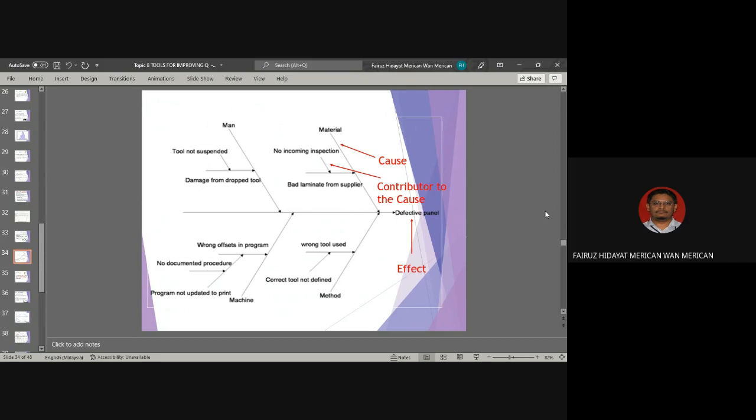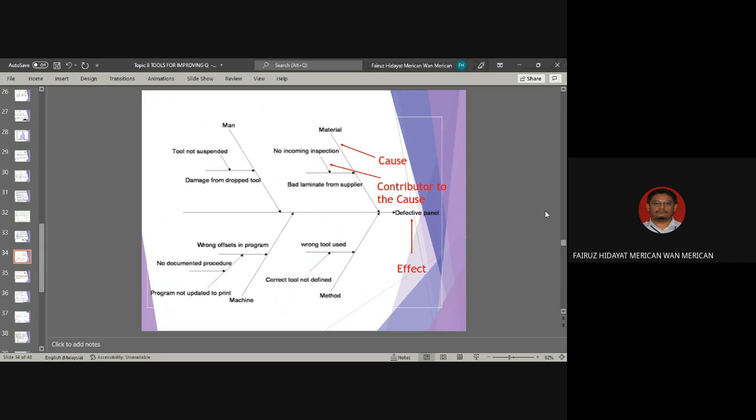So you have, in this case, 4 main causes: man, machine, material, and method. And within each cause, they identify the contributor to the cause. Okay, what contributed to the cause that led to the defective panel? So for example, we say the method. One of the causes was the method they used to produce the panel.